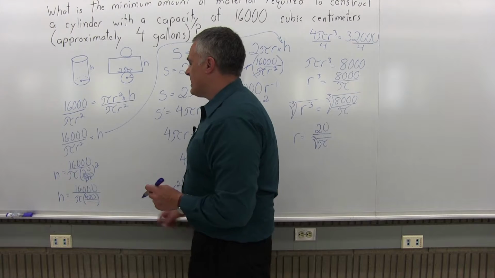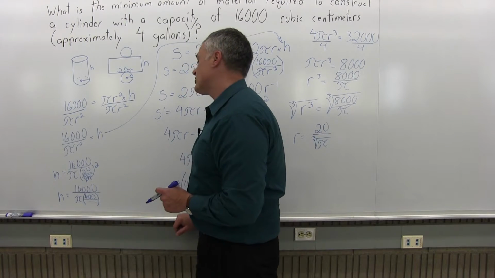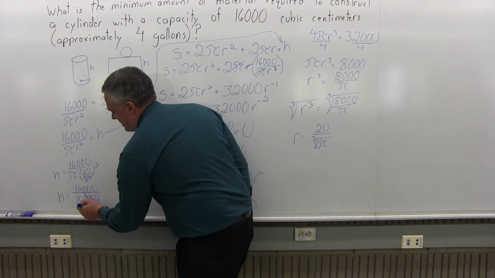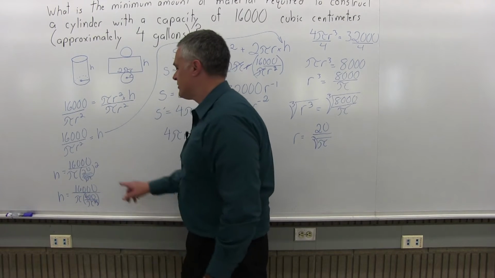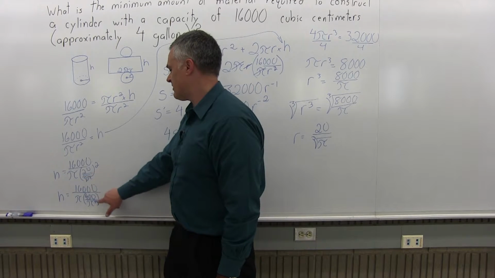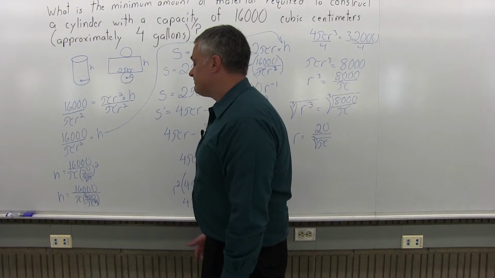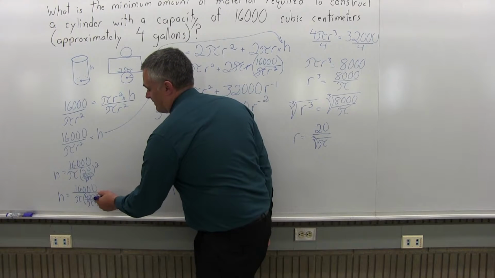And in the denominator, cube root of pi squared, well, that's going to be pi to the 2/3. The numerator of 2 is from the second power. The denominator of third is from the cube root. So I can simplify that a little bit.